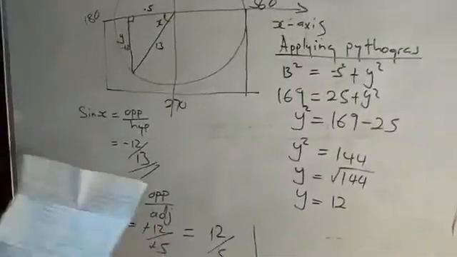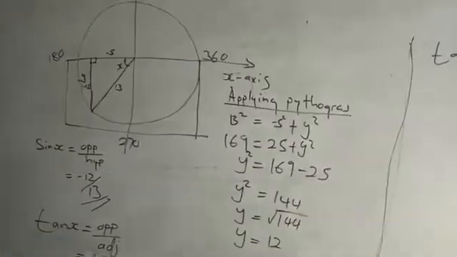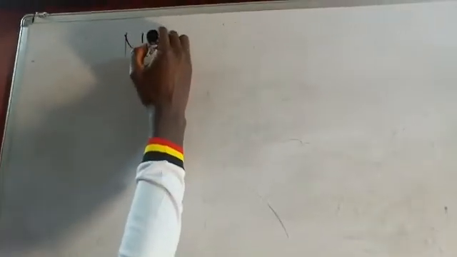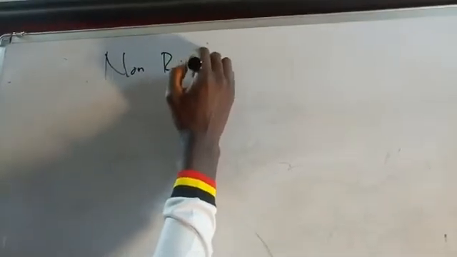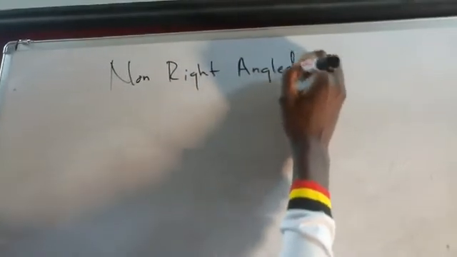So we are going on to what we call a non-right angled triangle.